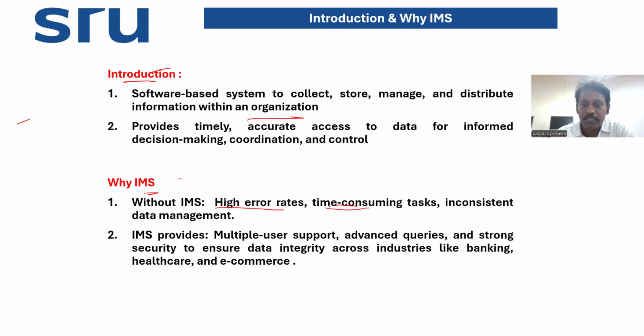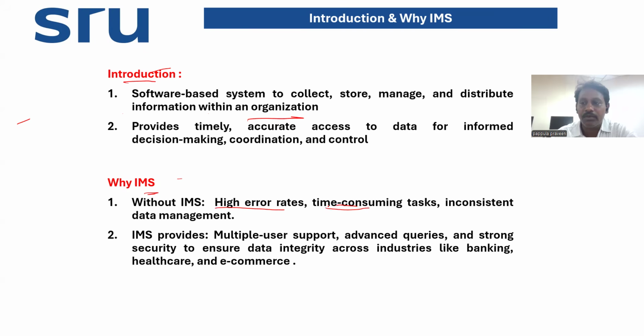Inconsistent data management means we have 2 or 3 files. In these files, one file is the main file and the other files are dependent files. If you change the content in the main file, that will be reflected in the other files, and that is actually consistent.